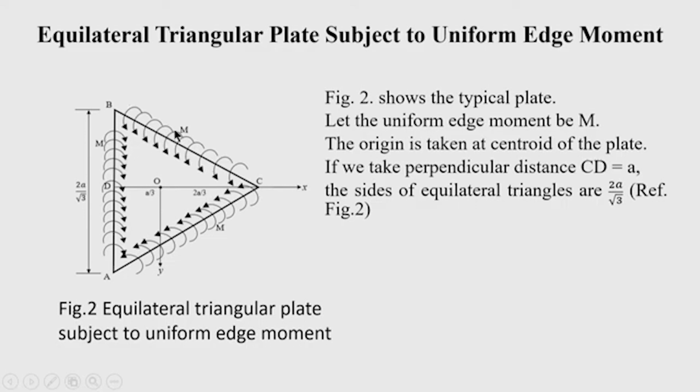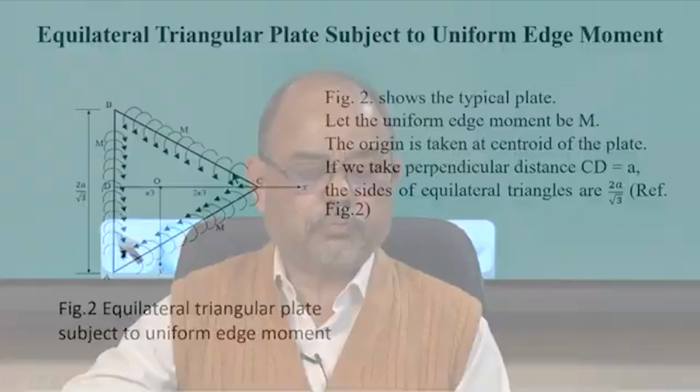So, we have to take the bending moment normal to the plate as 0, but here it will not be 0 because the moment m is applied. So, one boundary condition is that along all edges the deflection is 0, and the second boundary condition is that the bending moment normal to the edge is equal to m, not 0, because the moment is applied.